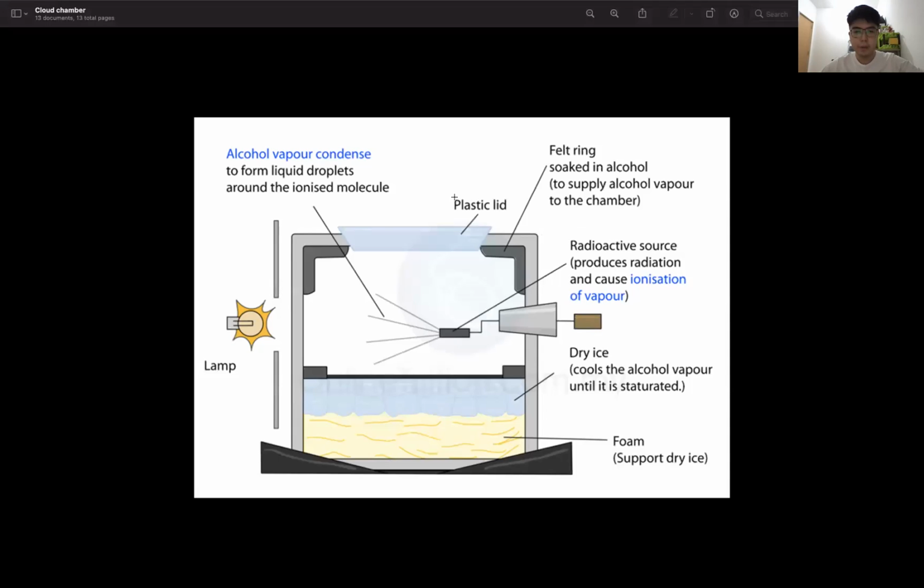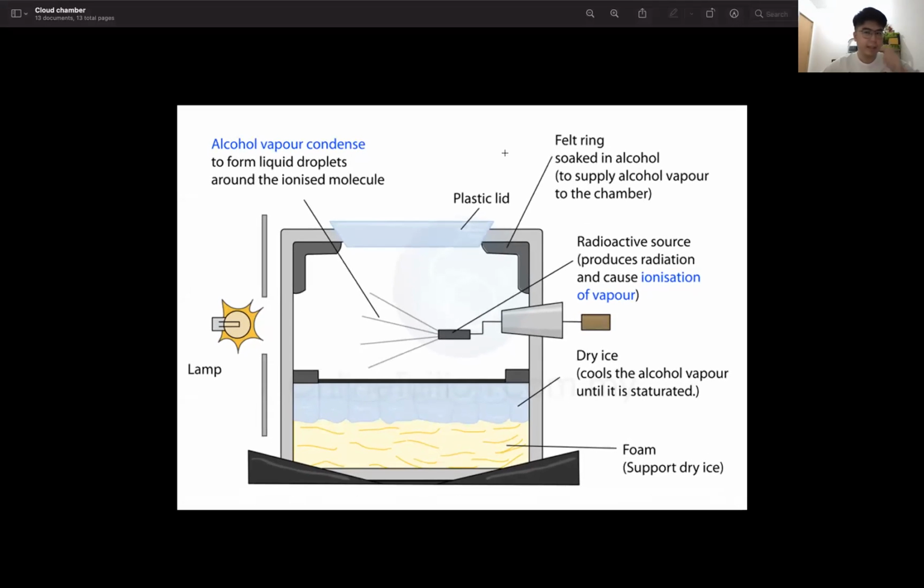Okay, that is for the GM tube. Now we look at another device that we call the cloud chamber. Okay, so this image shows the cloud chamber, and what is it used for?